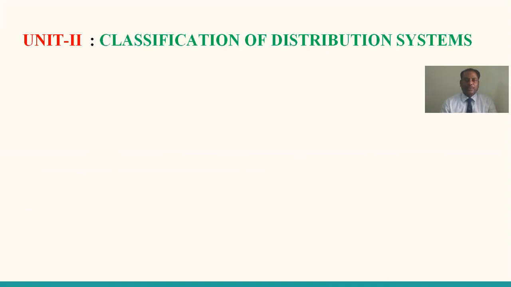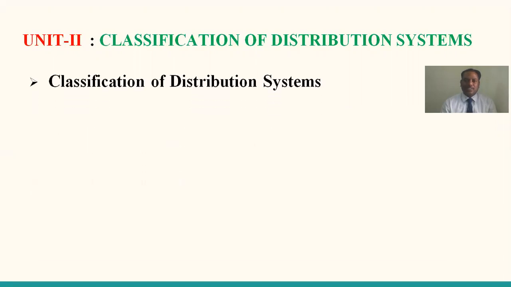Next, unit number 2, classification of distribution systems. Power is transferred from the distribution substation to the consumers based upon a 2-wire system, single phase system, or 3-phase system, 3-phase 4-wire system, and sometimes AC distribution or DC distribution. These all come under the classification of distribution systems.